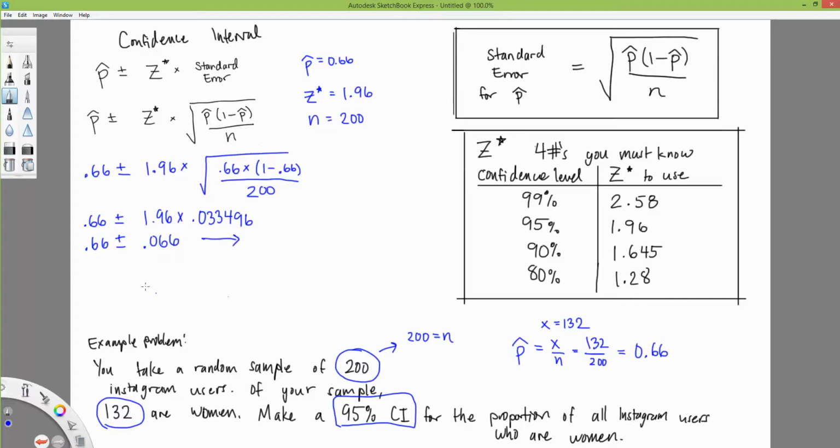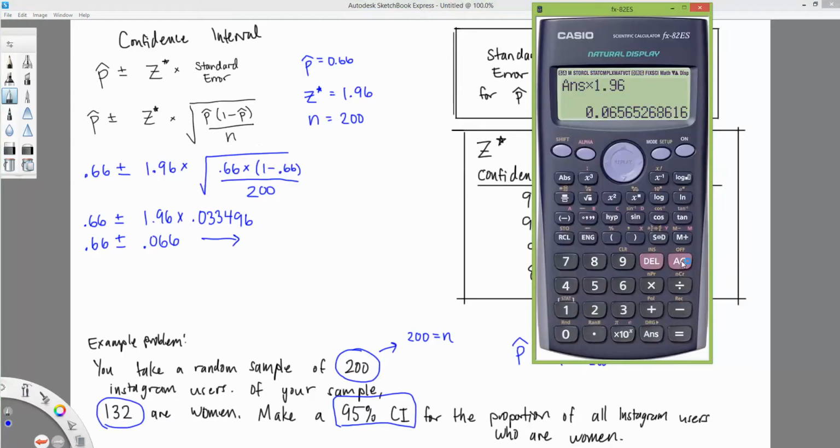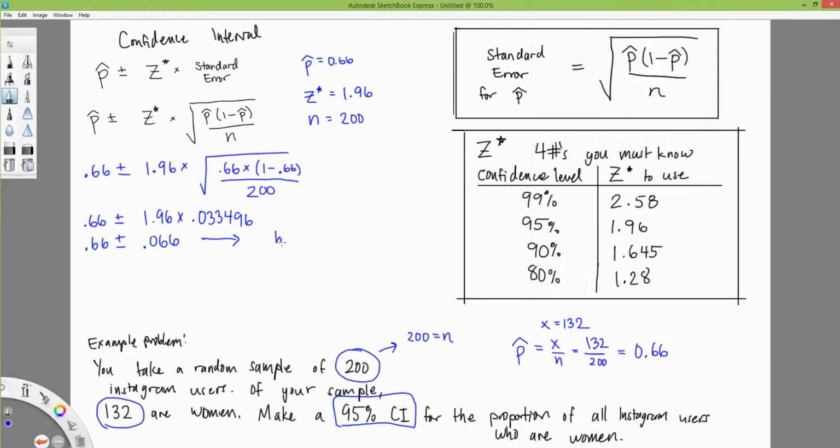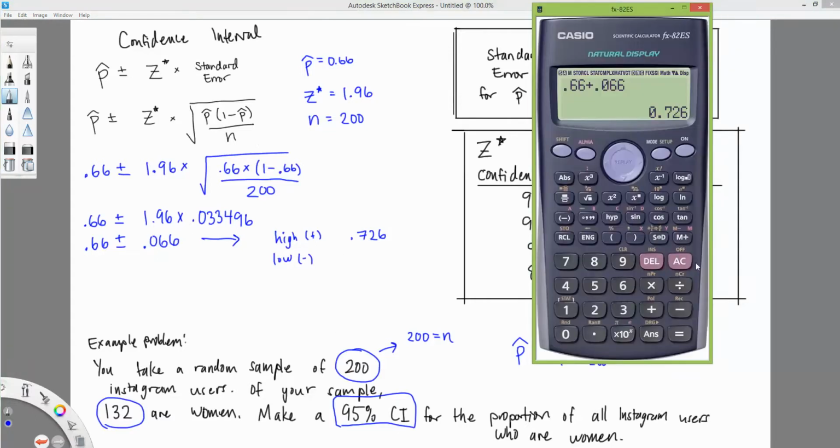All right, so we have 0.66 plus or minus 0.066, okay? So plus or minus, I'm going to do 0.66 plus 0.066, and I get 0.726. So on the high end, when I do the plus, I get 0.726. So that's 0.66 plus 0.066, okay? And on the low end, so if I do the minus, I do 0.66 minus 0.066.